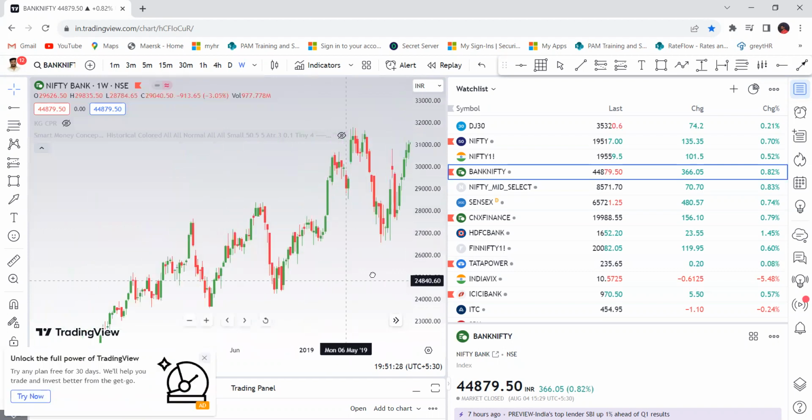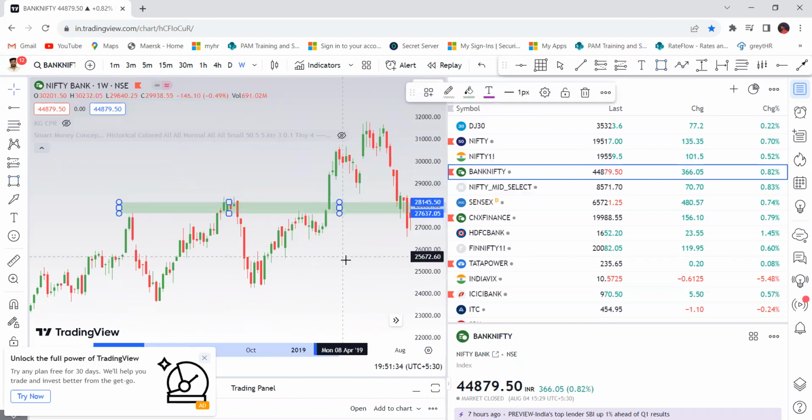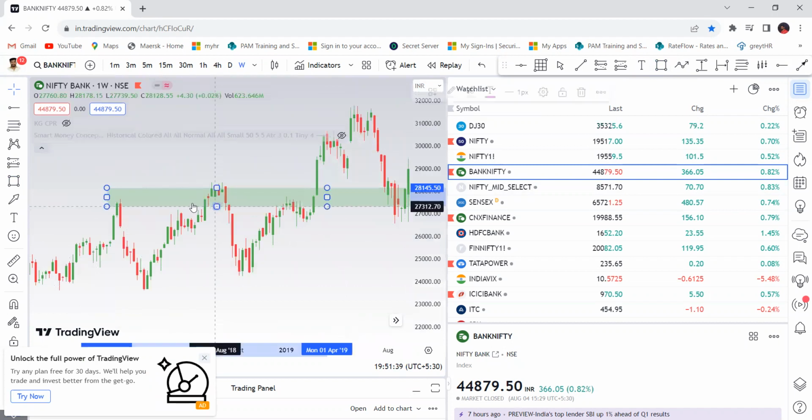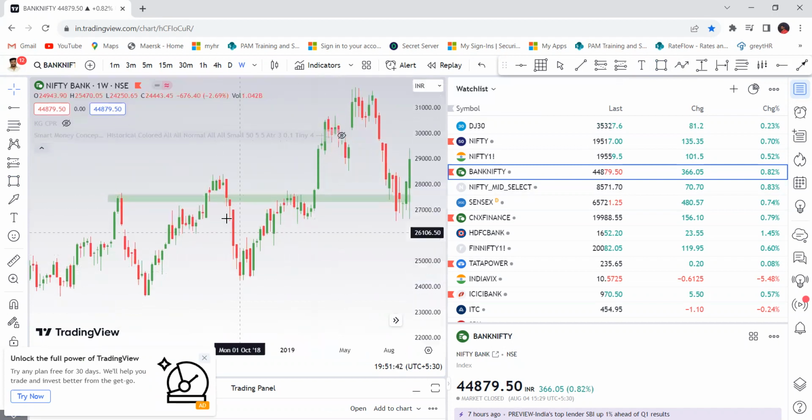Where is that guy? Yeah, here. So basically, this is a resistance level. As you can see, there is a shooting star formed here.